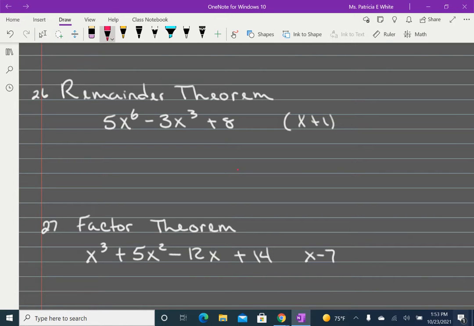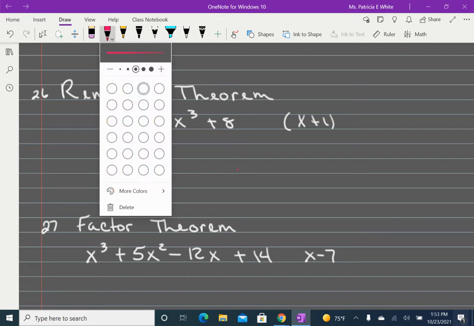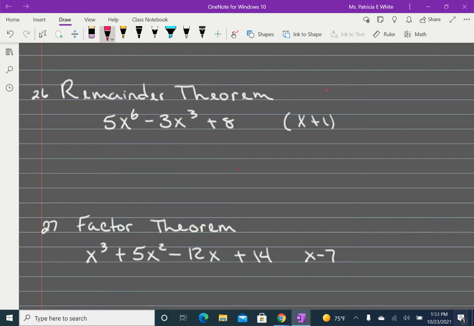So for my remainder theorem, if f of any number is equal to k, then k is my remainder.